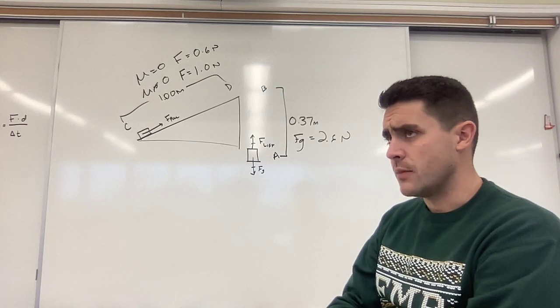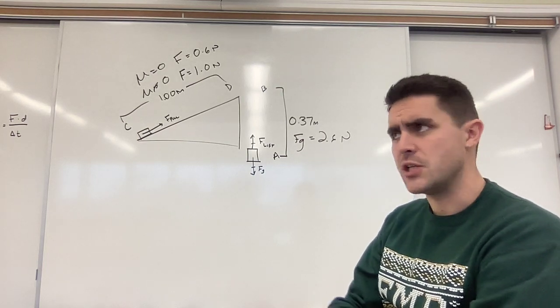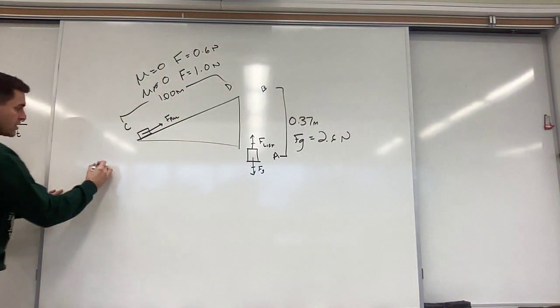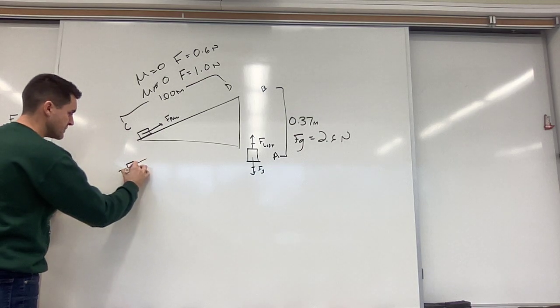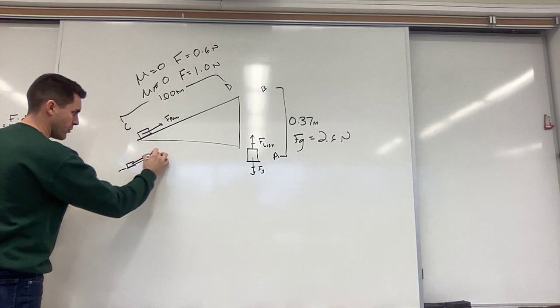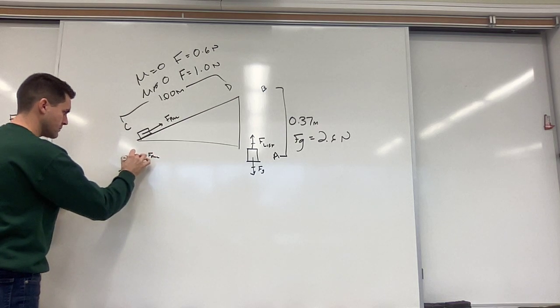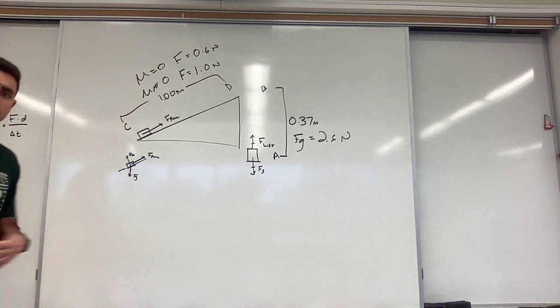I want you to think also about the 2 differences between the C and D trip. If I talk about the first one up the ramp, here's the ramp, here's my mass. I obviously pulled it up the ramp with the force of pull. There's, of course, a normal force. And obviously there's gravity here. But there was no friction initially.